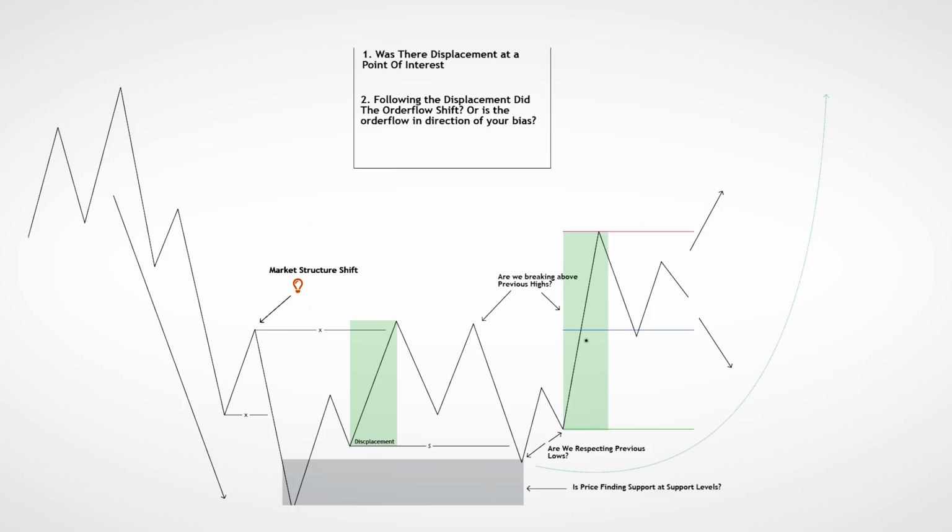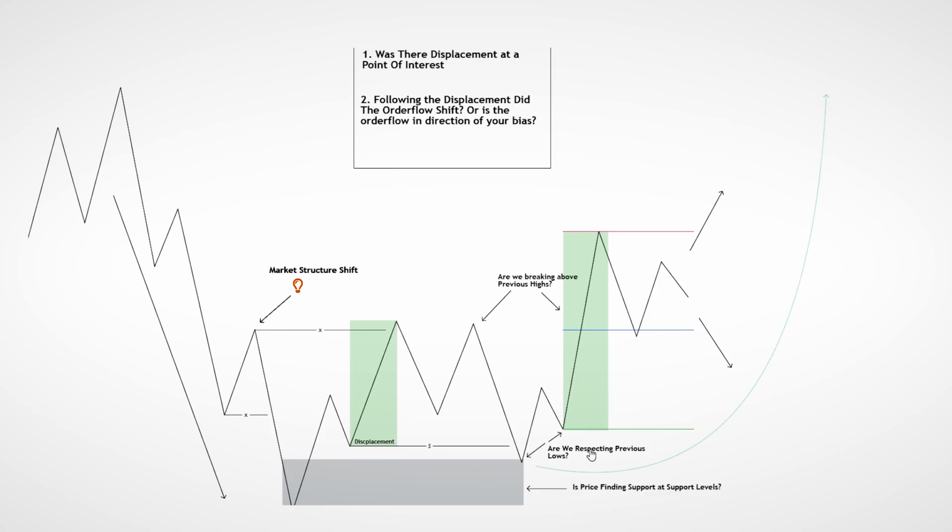We can clearly see here that price tapped into this point of interest at that last down close candle. Following tapping into that level, we see this push to the upside, taking out a previous high inside of the marketplace. This is indicating to us that price is finding support at support levels, and rather than breaking through previous lows, we're breaking through previous highs while respecting previous lows inside the marketplace, leaving them intact.